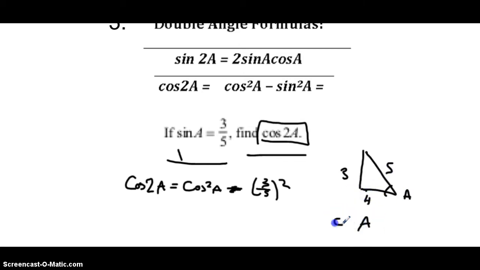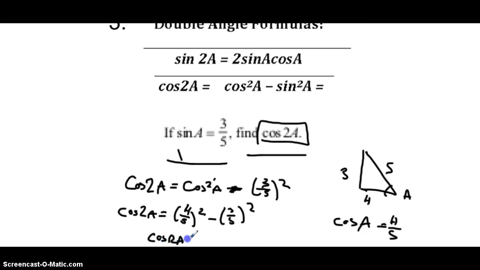So cosine A is equal to adjacent over hypotenuse. The cosine of 2A is going to be equal to 4 over 5 squared minus 3 over 5 squared. We square this, we get 16 over 25 minus 9 over 25, and that just gives us 7 over 25. And that's just how it's done.